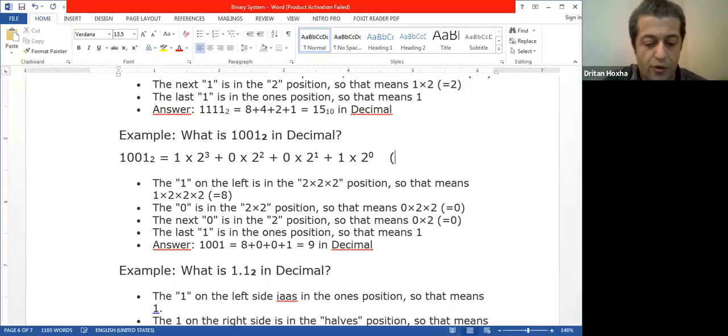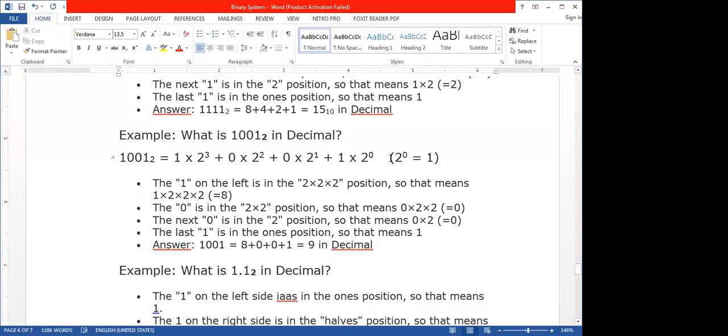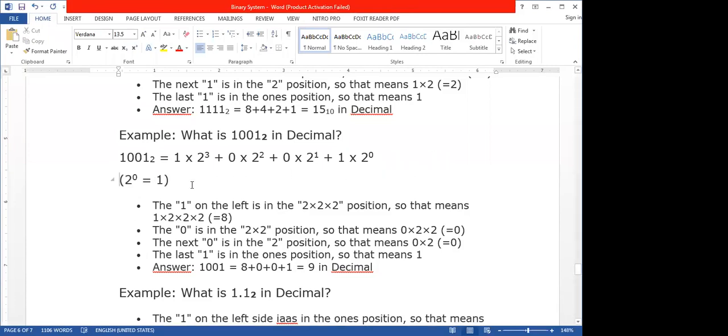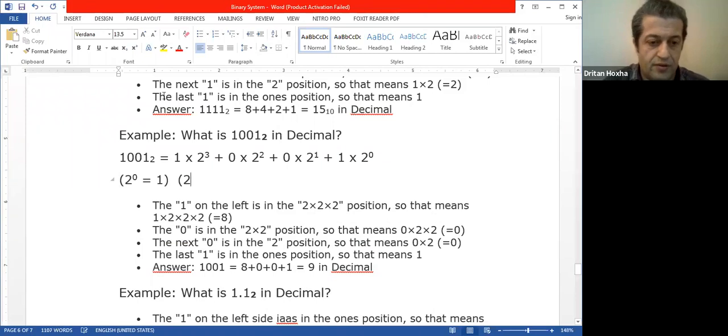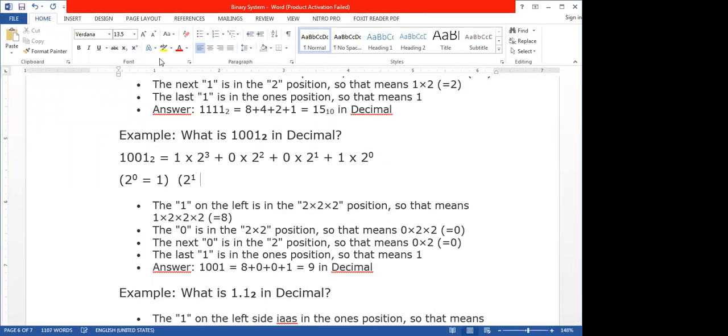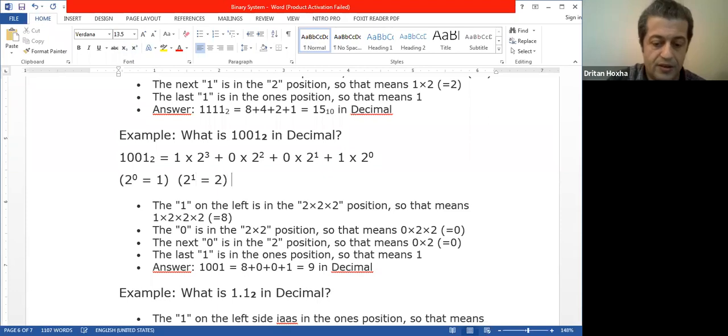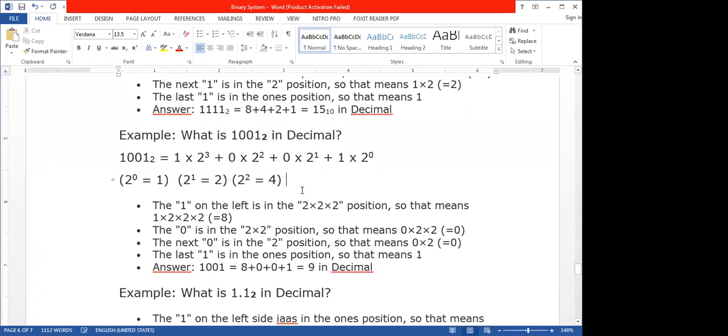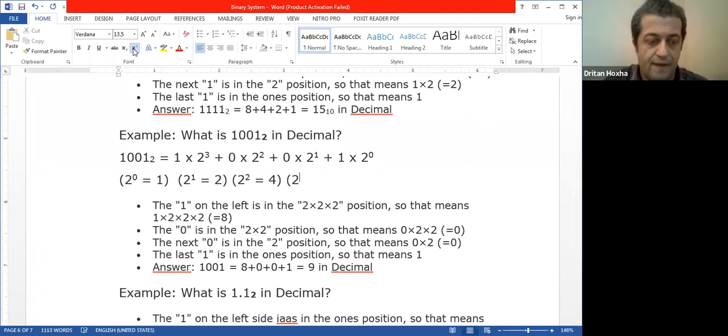But we know that 2 at power 0 is equal to 1. 2 at power 1 is equal to 2. 2 at power 2 is equal to 4. 2 at power 3 equals 8.